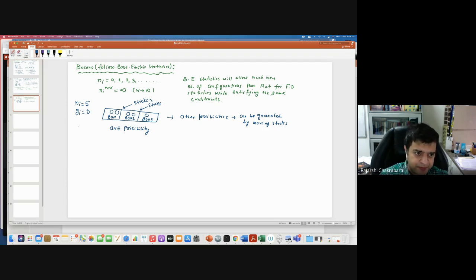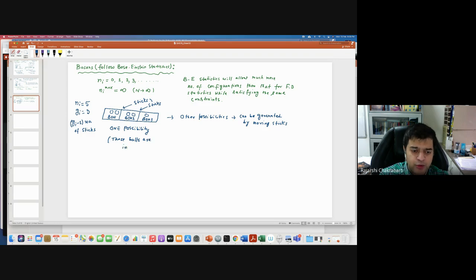In general, you'll have Gi minus 1 sticks. Is this clear? Remember, these balls are indistinguishable.